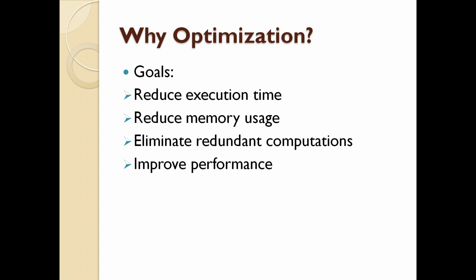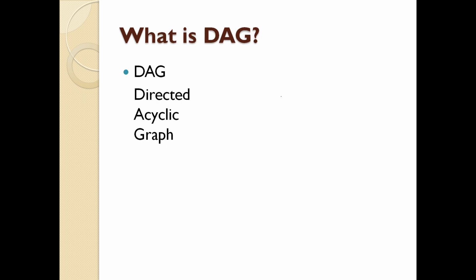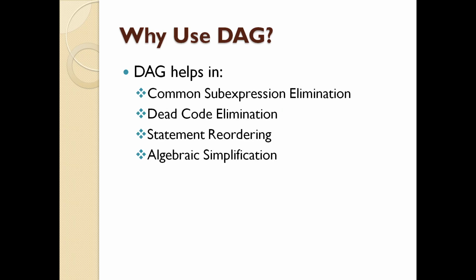So what is DAG? It stands for directed acyclic graph. Directed means it contains arrows which have direction, and acyclic means no cycles exist, and it is a graph which shows the flow of the execution. So how to construct this DAG and how does this DAG help us in optimizing a basic block?